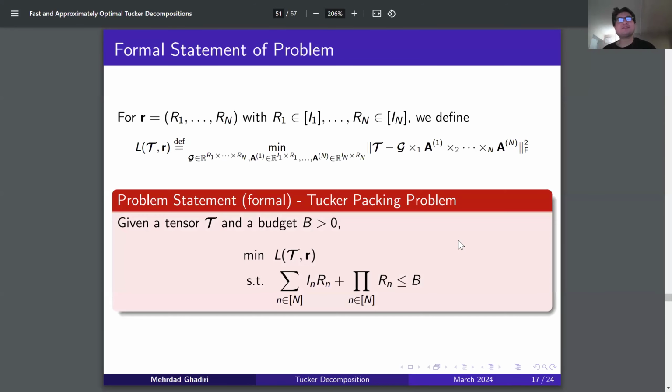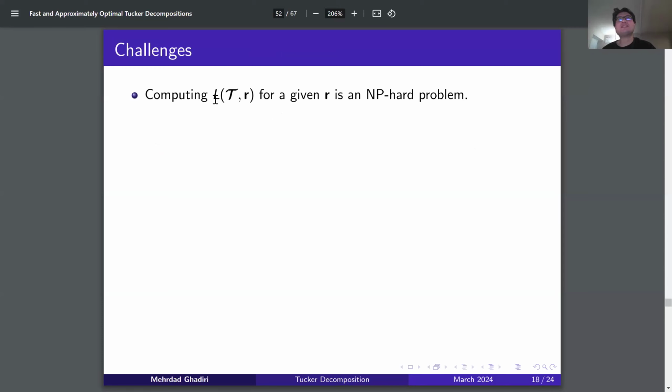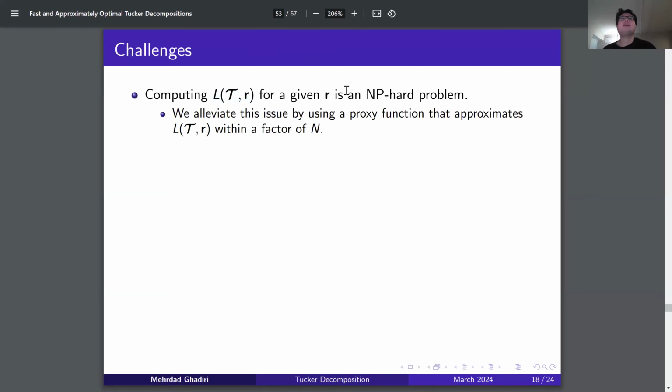So this problem turns out to be very hard. The first reason is that even computing the objective function is hard. I cannot even compute this loss function L of T, R, because low rank tensor decomposition is an NP-hard problem. So how do I deal with that?